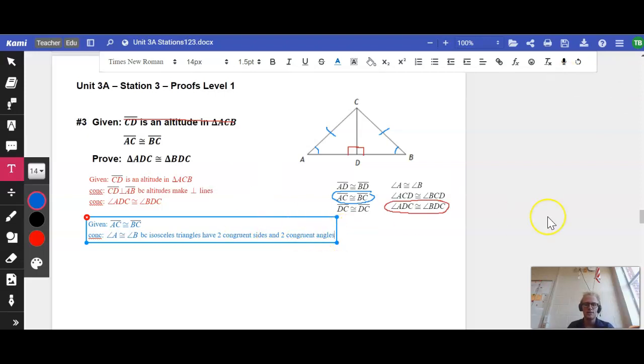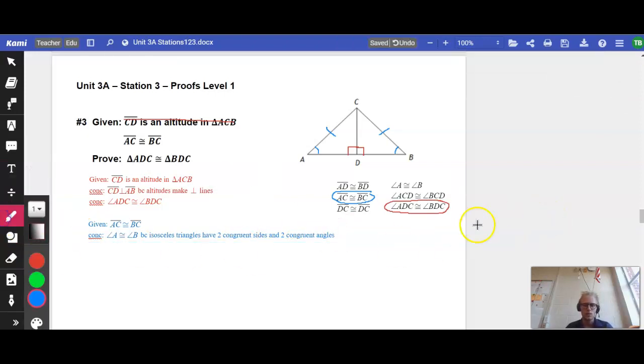Alrighty, now I've got my three pieces. I'll circle my third piece over here. I'll check off that given. And I'm all set. I've got three things circled over here. So I should have enough to prove that these two triangles are congruent.